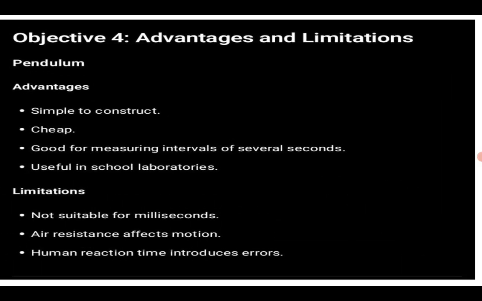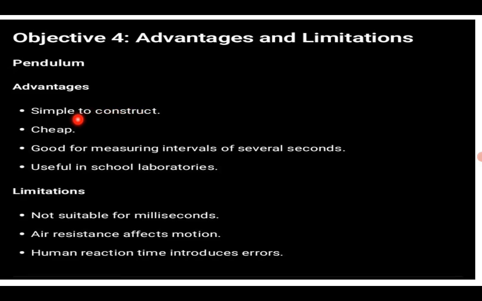Alright, so let's explore the advantages and limitations of each one of these methods of measuring very small time intervals. A pendulum, as a means of measuring very small intervals, has the following advantages.